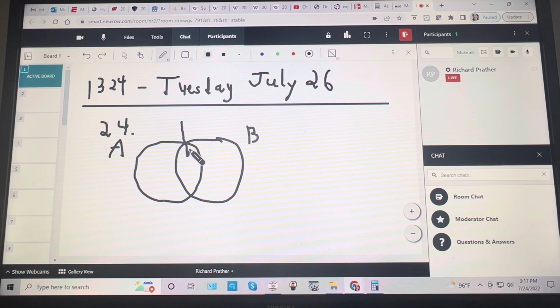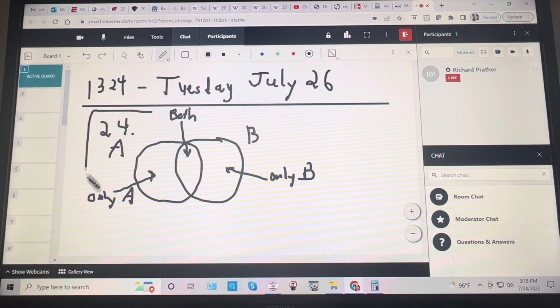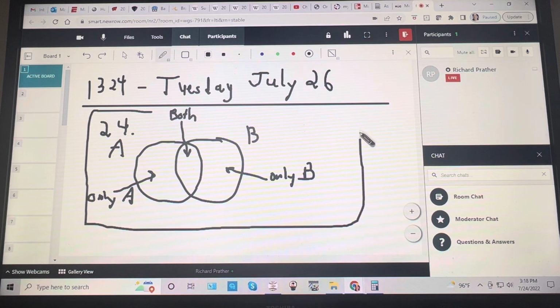The key section is the middle one where they both occur, and you should always start with that one if you're filling out a circle. How many people like chocolate and vanilla ice cream go there? These are the ones that only like chocolate ice cream. They don't like vanilla. And then these only like vanilla, they don't like chocolate. And then you have the outside region for people that don't like either one of those. They like something else or nothing at all.